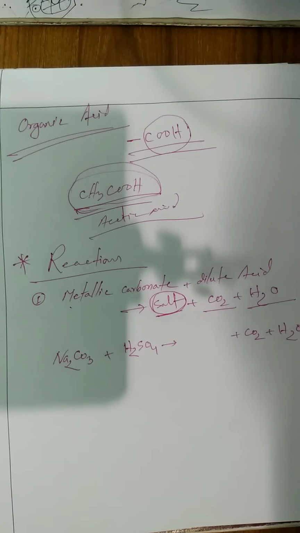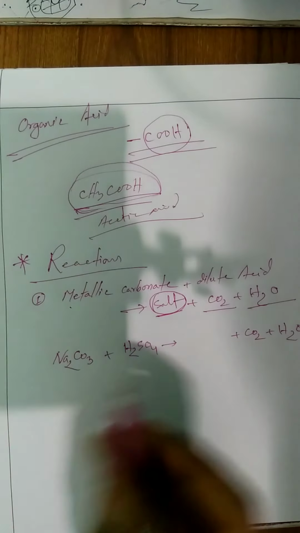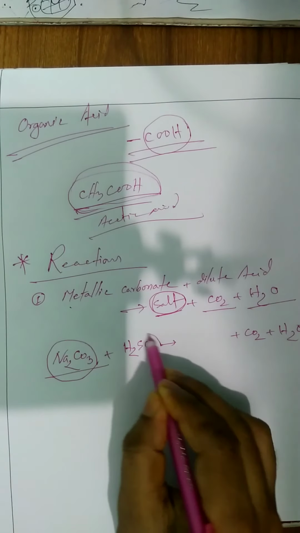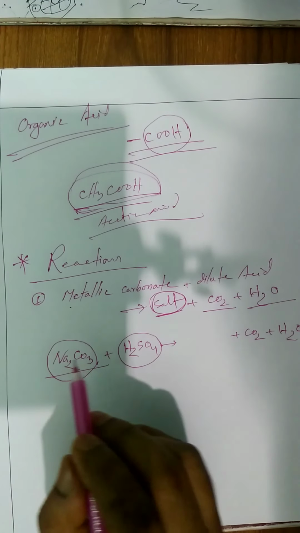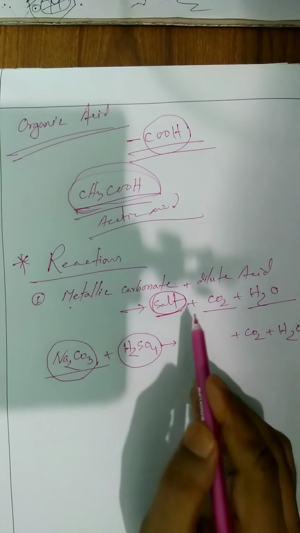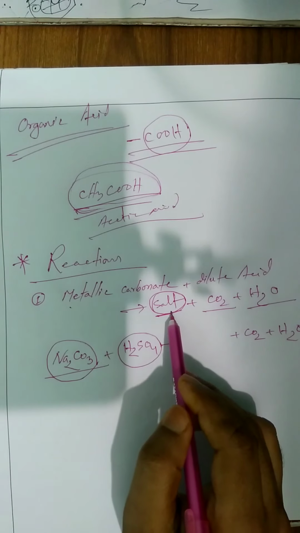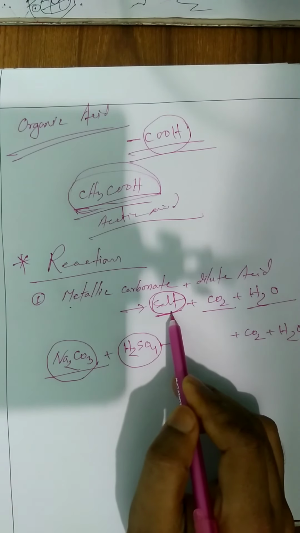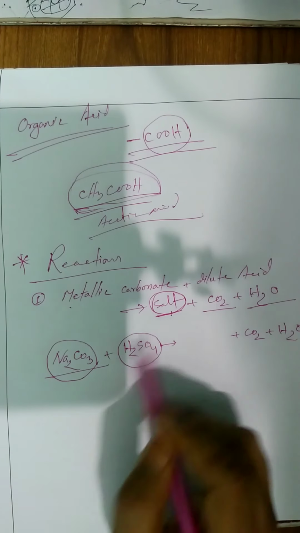Which salt will be formed? Since sodium carbonate and H2SO4 react with each other, we already know salt means metal plus halogen or metal plus radical.